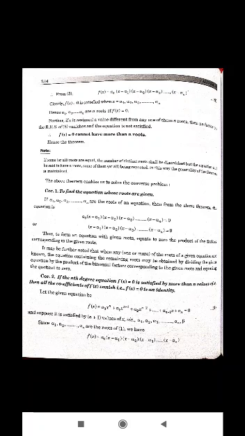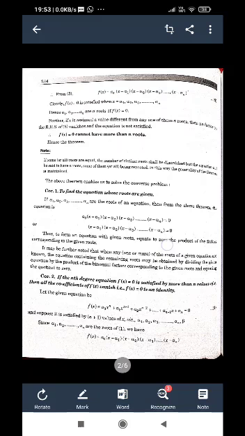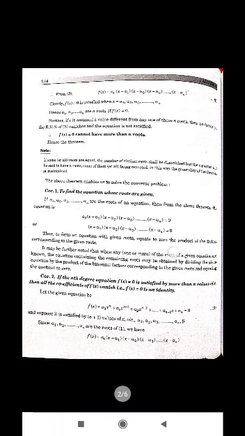Also we know alpha 1, alpha 2, alpha n, they all are roots of f(x), means they all satisfy the equation f(x) = 0. So alpha 1, alpha 2, alpha n, they all are roots and they satisfy f(x) = 0, and these all are the n roots. It means f(x) has n roots. First part of the theorem is proved.